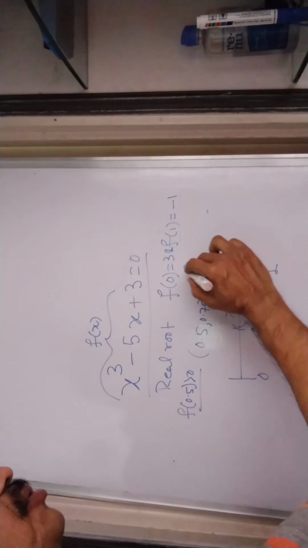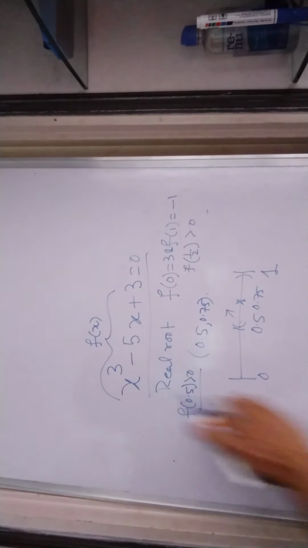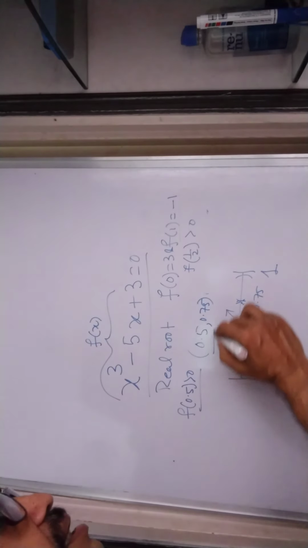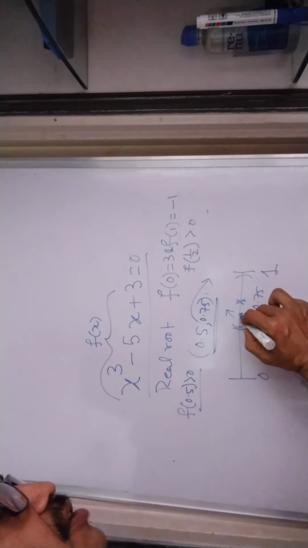Remember that we calculated f(half) to be 5 by 8, which is positive. So since this is positive and f(0.75) is negative, our interval is this, and again we choose the middle point of it.